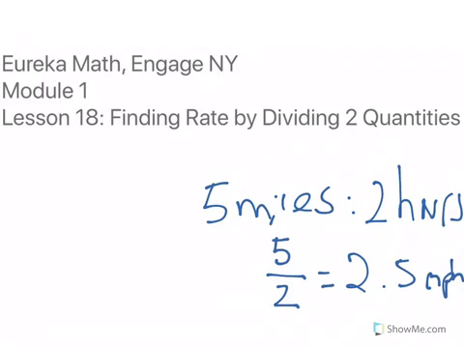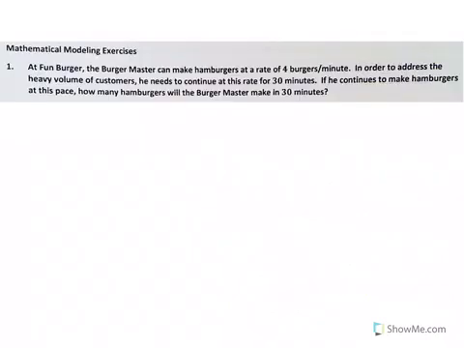We're going to take that same principle today as we look at some of our problems, except in this case we're going to know the base rate and we're going to extend it. So let's take a look.